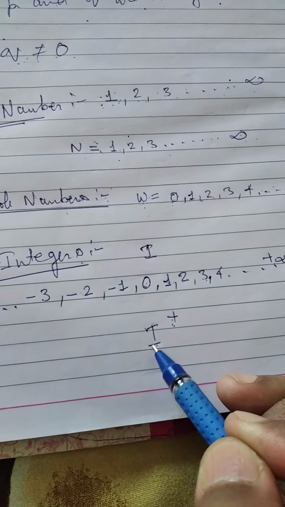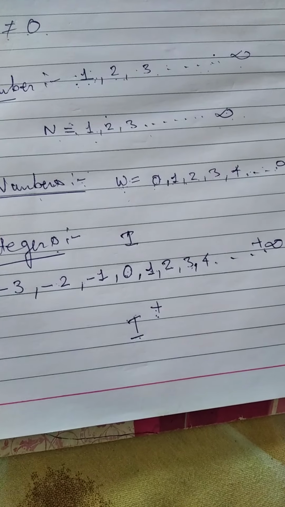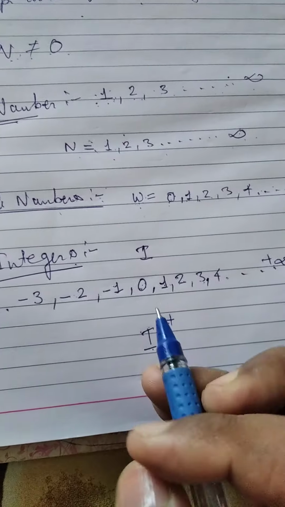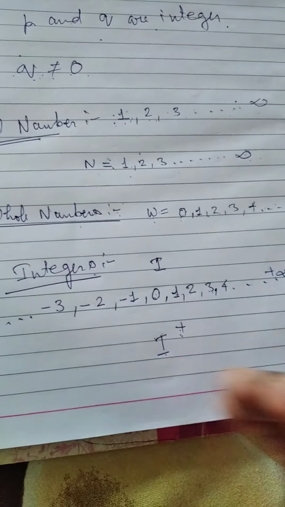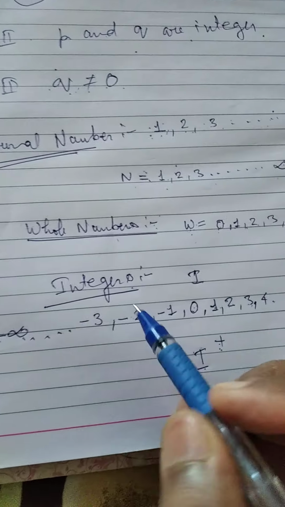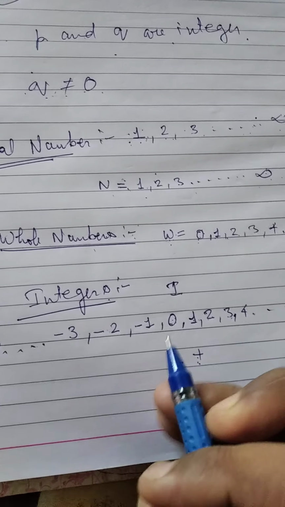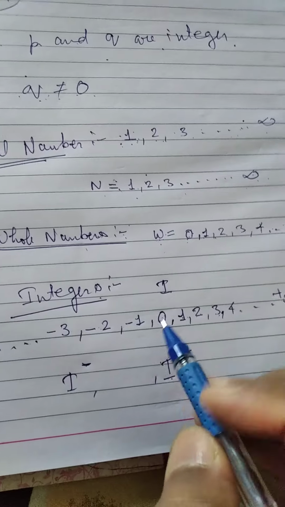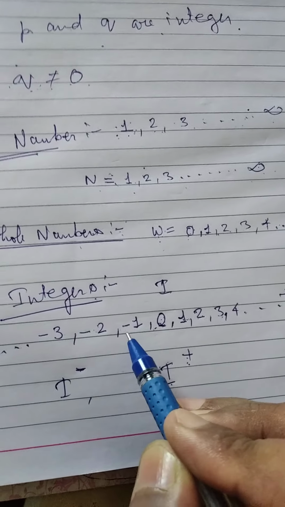Which are the positive integers? On the right hand side of 0 we have positive integers, or we can say the integers having the positive sign are known as positive integers. Similarly, on the left hand side of 0 these are negative integers, or the integers having the negative sign are known as negative integers. But what about 0? 0 is neither positive nor negative.